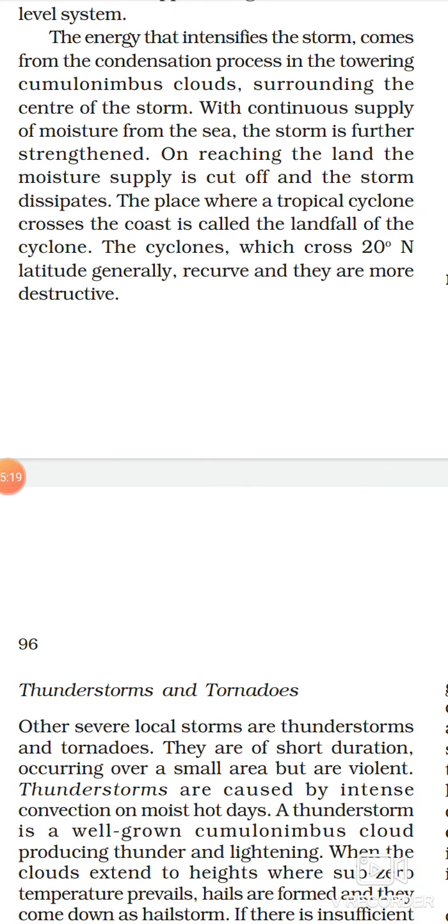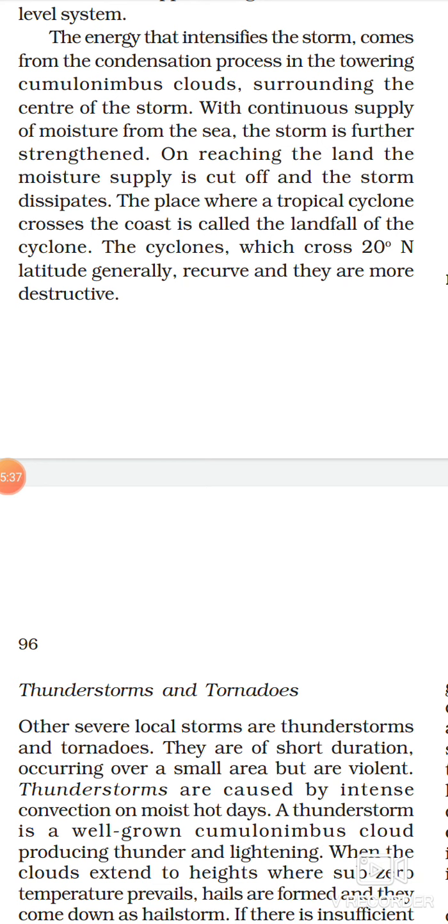The place where the tropical cyclone crosses a coast. When the tropical cyclone has emerged and it has just landed on a coast, that place is called the landfall of the cyclone.